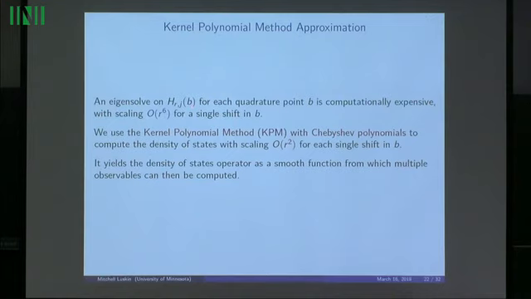Then we have to do that for each quadrature point. That's very expensive, because computationally it scales like r to the sixth. Remember, in a ball of radius r we have r squared degrees of freedom, and the eigenvalue problem scales like the cube of the number of unknowns. So we have r to the sixth work to solve each of these problems if we brute force an eigensolve.